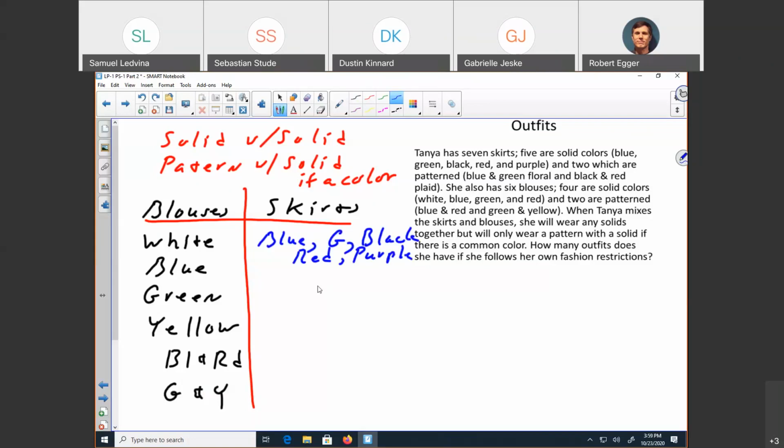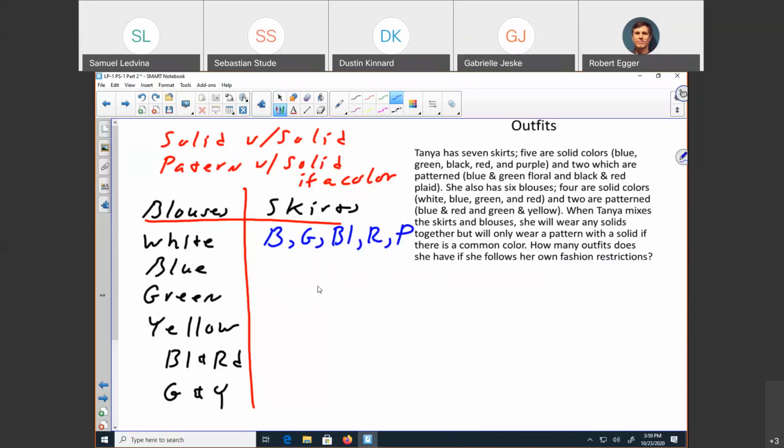Okay, for the skirts. Gotta find a more compact way of doing this. Blue, green, black, red, purple. All right.